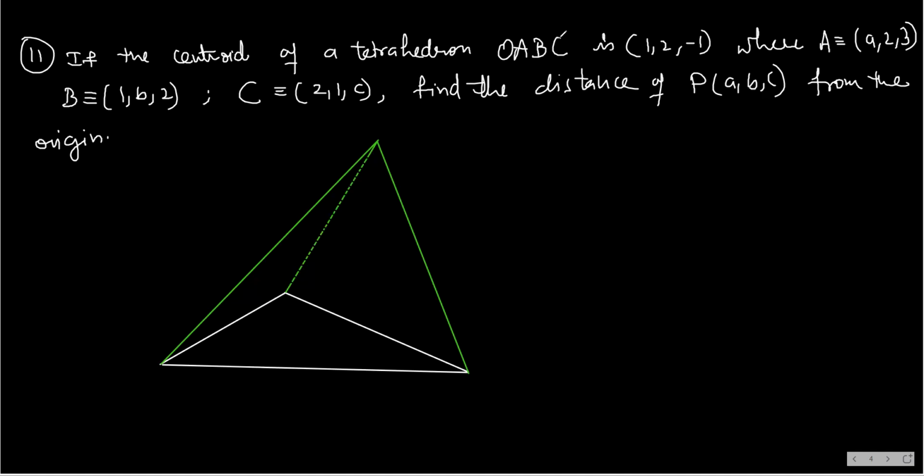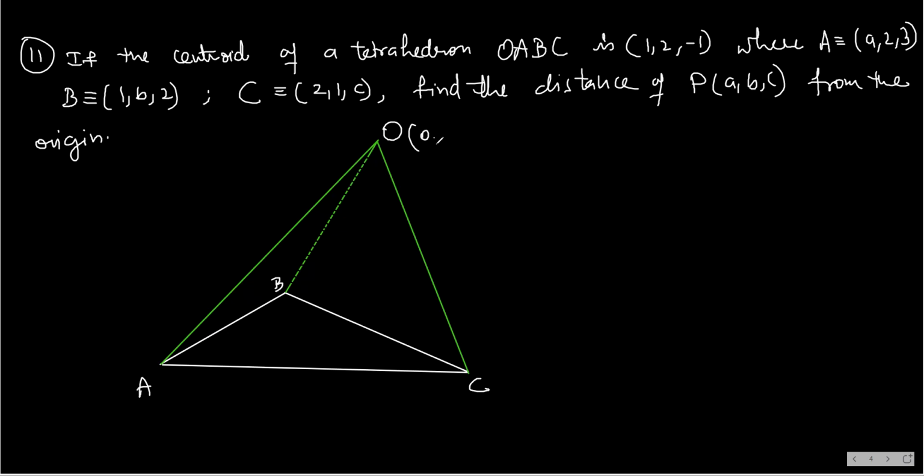This is A, B, C, here you have O. B is on the other side of triangle OAC, you know. So here you have a tetrahedron.